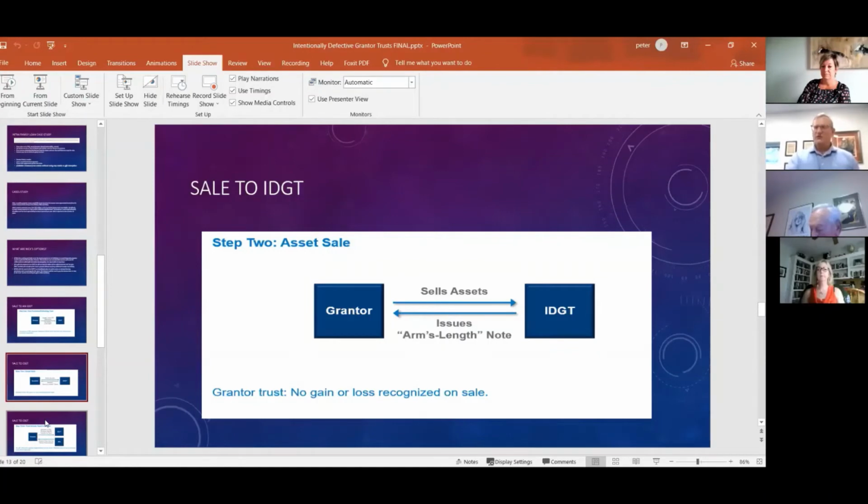We can take some discounts against that valuation, and then we are going to enter into an arm's length transaction with the trustee of the trust and sell those assets to the trust, take back an installment note at an interest rate equal to the AFR rate for the month that the transaction was completed. Because for income tax purposes, grantor and trust are one and the same, we don't care what the gain is. There are no capital gains that we have to recognize during this transaction.